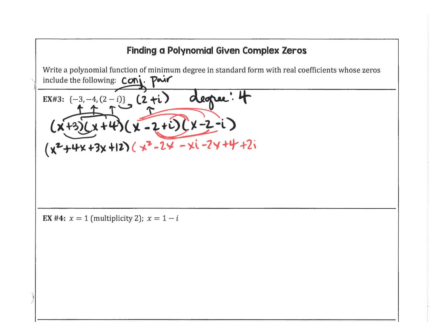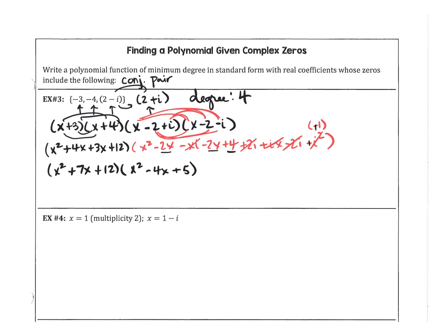And then last but not least, plus ix minus 2i and minus i squared. All right, so we get minus ix plus 2i minus 2i. Those are always going to go away. And then the i squared becomes negative 1, doesn't it? So what do we end up with here? x squared plus 7x plus 12, and then we end up with x squared minus 2x minus 4x plus 4, and this minus a negative becomes plus, so plus 5.